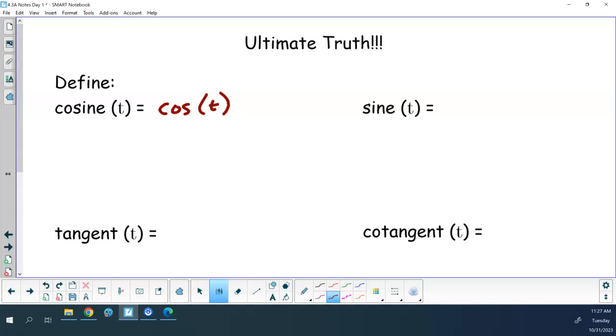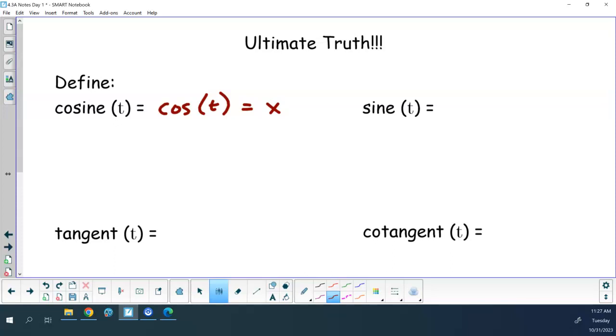And I'm going to say, oh, you mean cosine. Even though we write it shorthand, it's cosine. Cosine is going to be the x part of any point on the unit circle. Cosine is x on the unit circle, but it's got to be on the unit circle in order for it to be x.